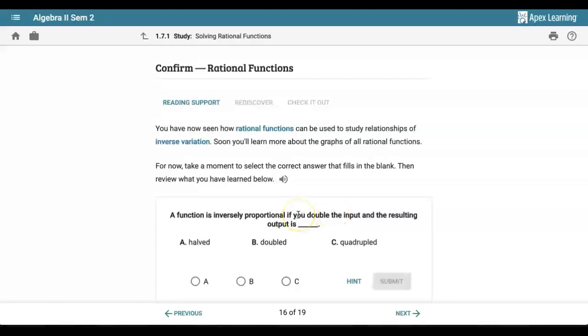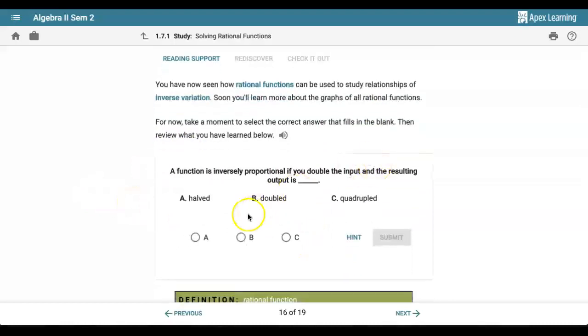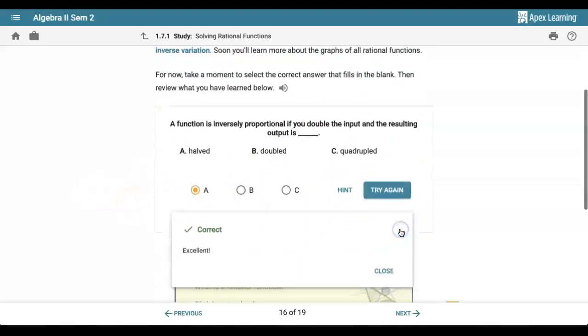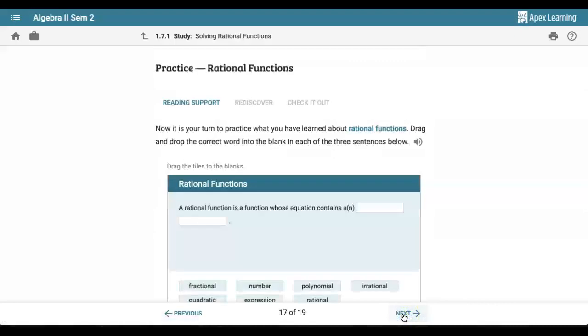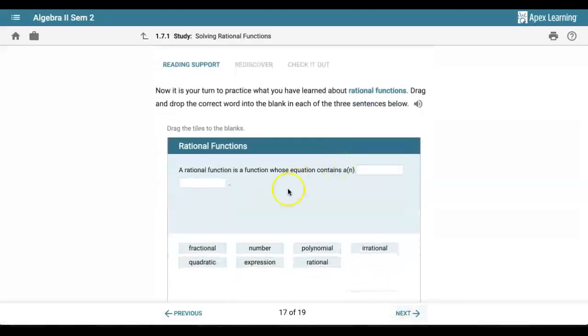All right. So confirming what we just went over here, a function is inversely proportional if you double the input and the resulting output is halved. Then if we look here, a rational function is a function whose equation contains a rational expression, which is the definition that I don't like.